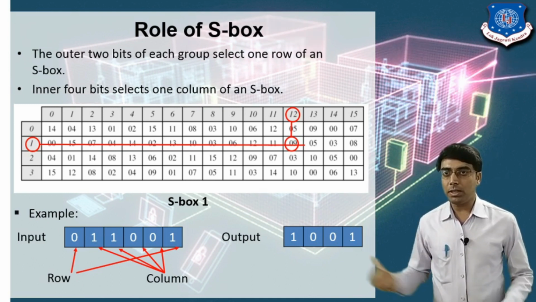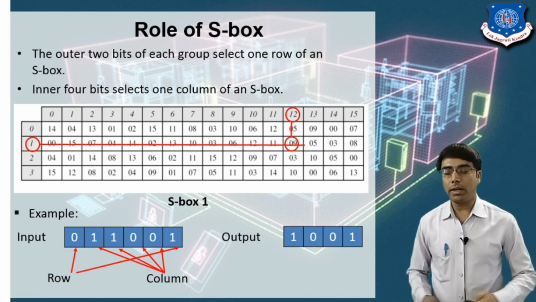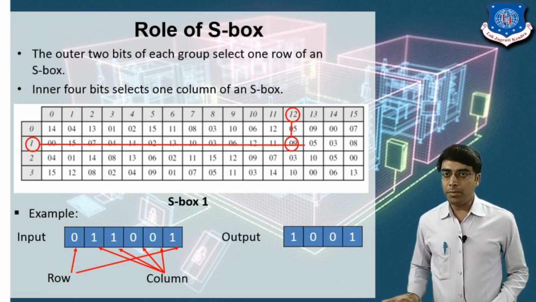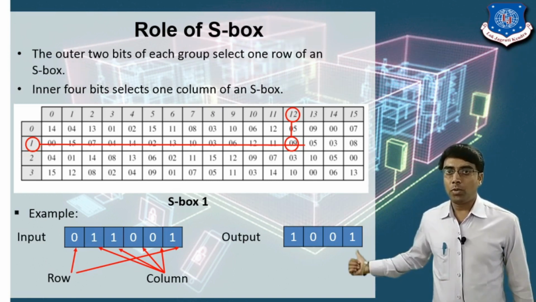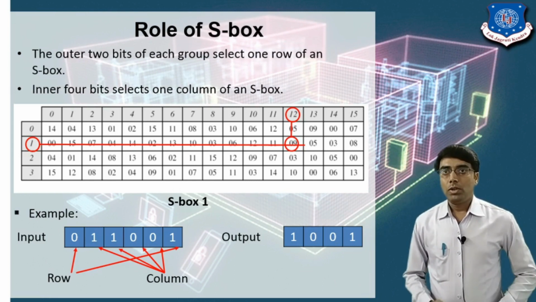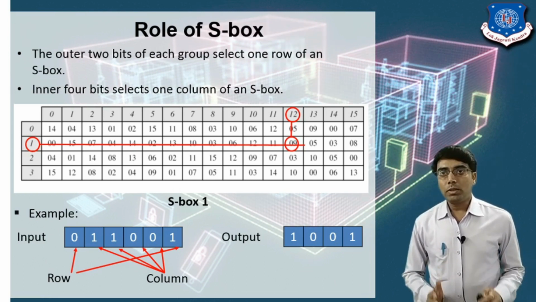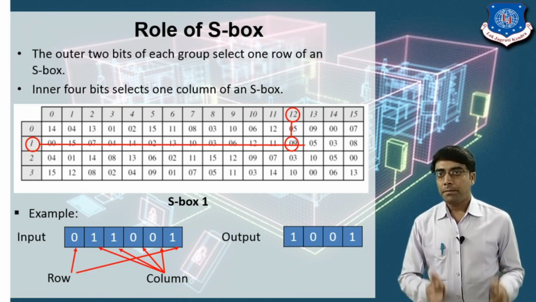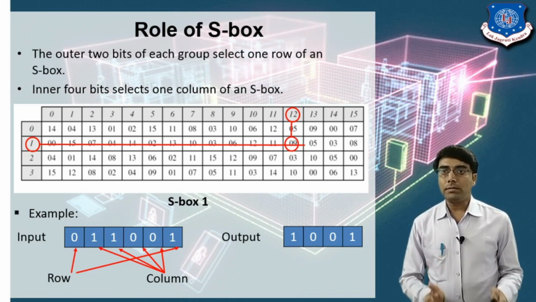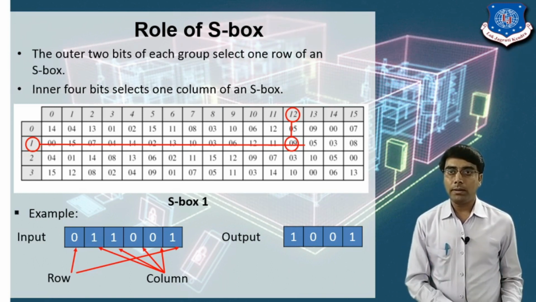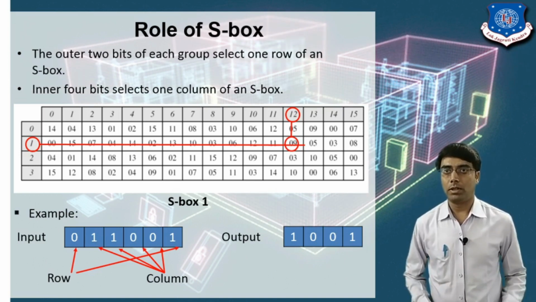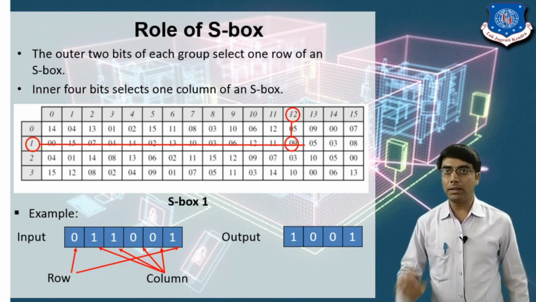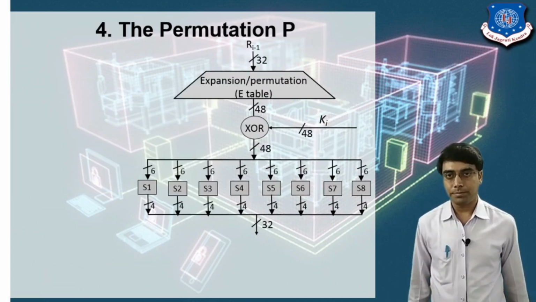You already had a 6-bit input, and it is generating a 4-bit output. We will do the same process until all 6-bit blocks are converted. So this is all about the role of the S box. I hope this idea of why we need an S box is clear.